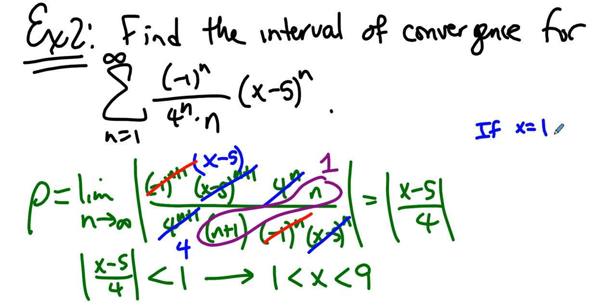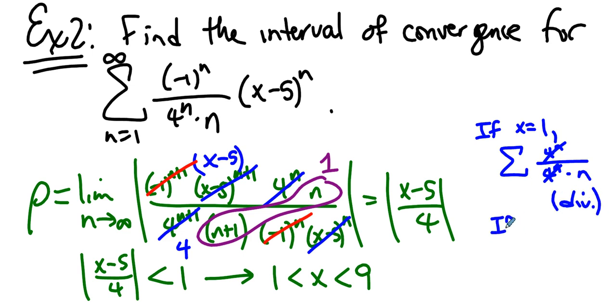If x is 1, then this is negative 4 to the n times negative 1 to the n over 4 to the n times n. That's the harmonic series. It diverges. If x equals 9, then we have 4 to the n over 4 to the n.